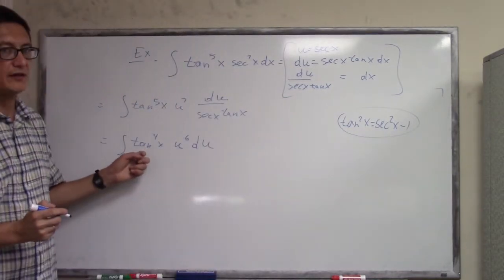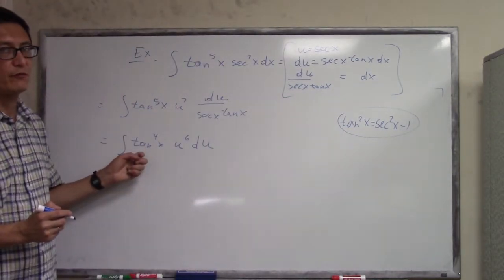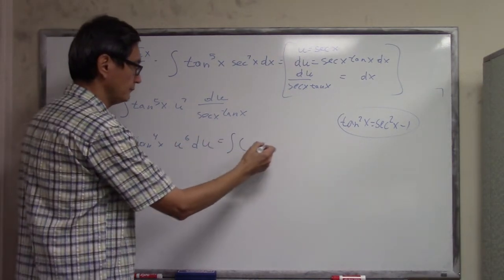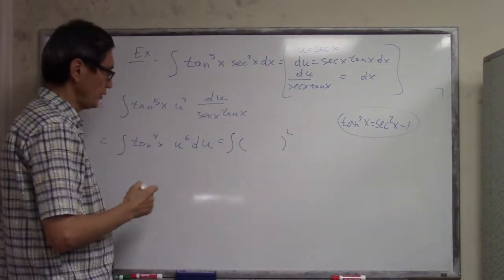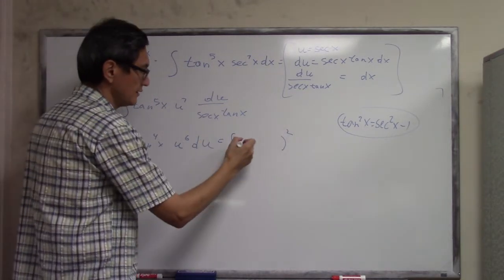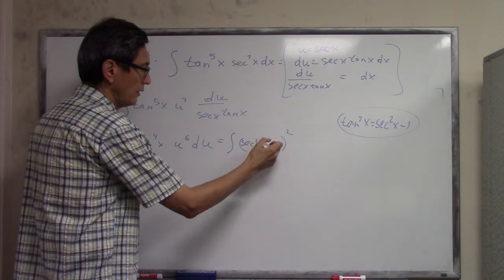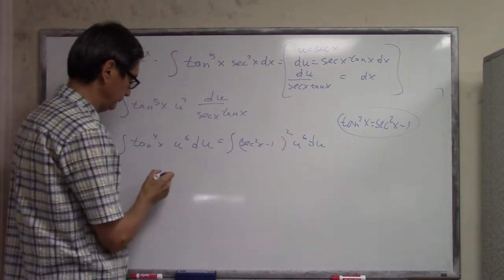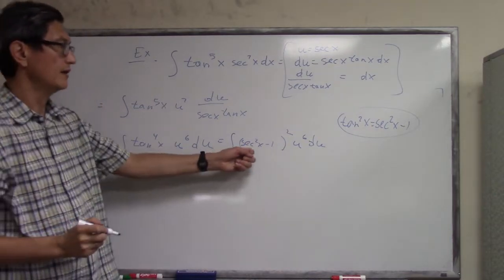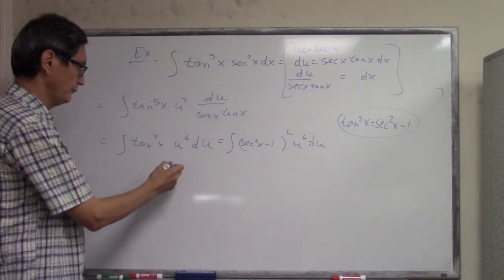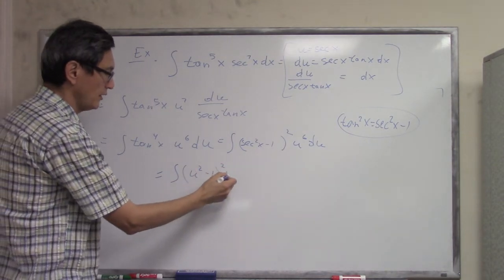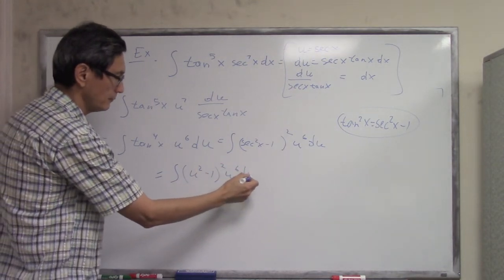So in our case we have tangent to the 4th. Tangent to the 4th is tangent squared, squared. So we're going to get the integral of tangent squared, squared, and tangent squared is secant squared minus 1. Recall that secant is u. So we get u squared minus 1, squared, times u to the 6 du.